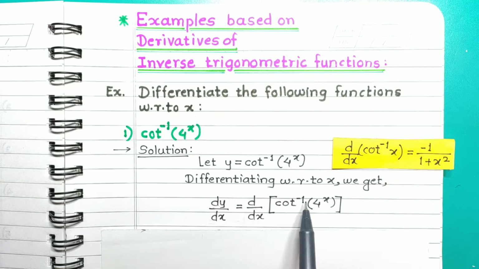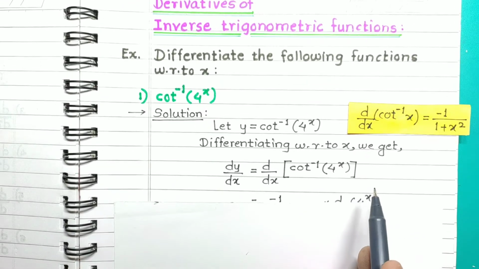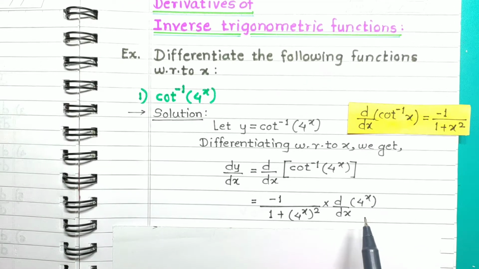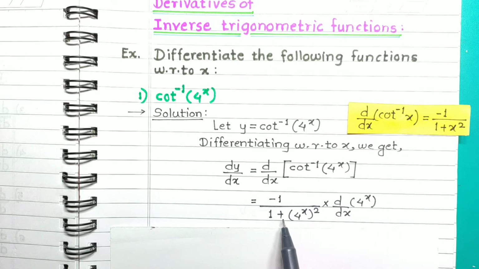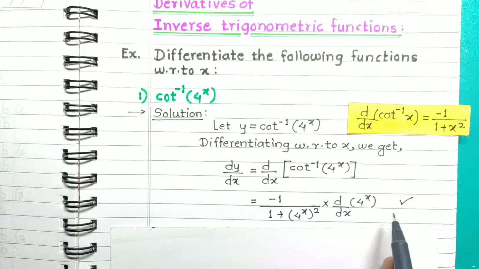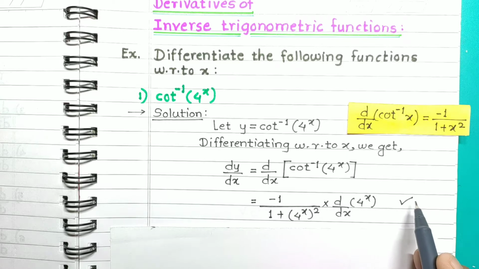So treat it as cot inverse of something. So derivative of cot inverse of something is minus 1 upon 1 plus something square into derivative of something, which is 4 raised to x. That means at this step we have applied chain rule. Now you are familiar with chain rule, how to apply it.